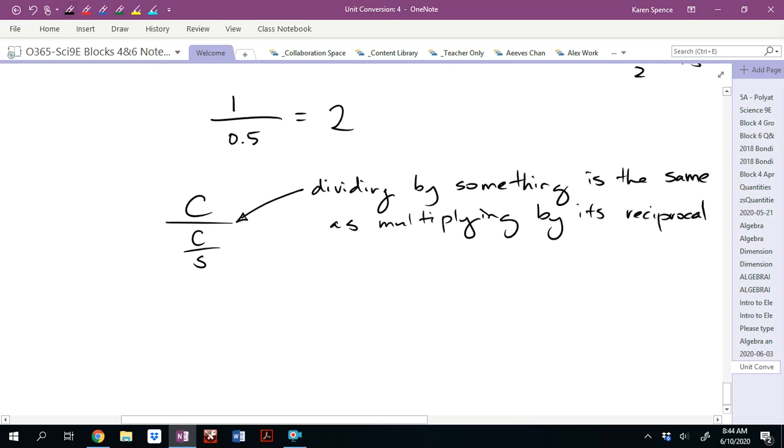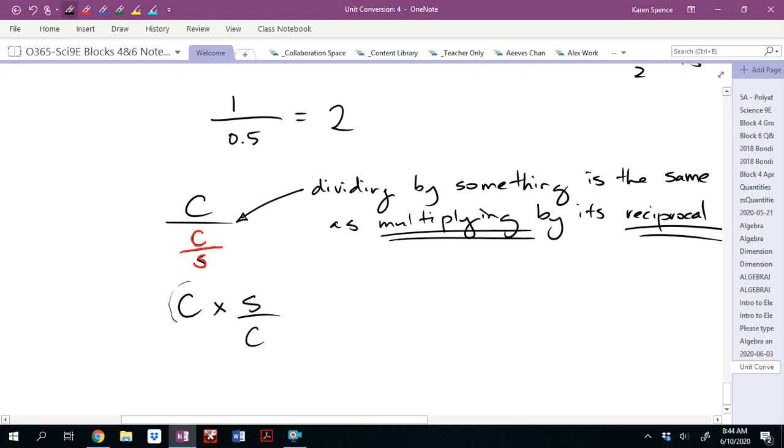So I am dividing by coulombs per second. So coulombs divided by coulombs per second would be the same as taking coulombs and multiplying by the reciprocal of coulombs per second, and the reciprocal of coulombs per second is seconds per coulomb.